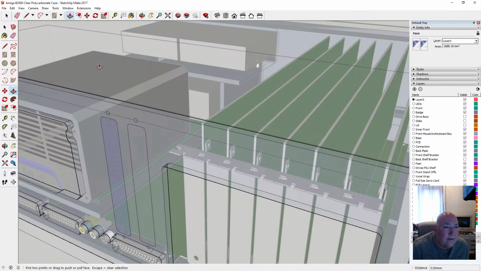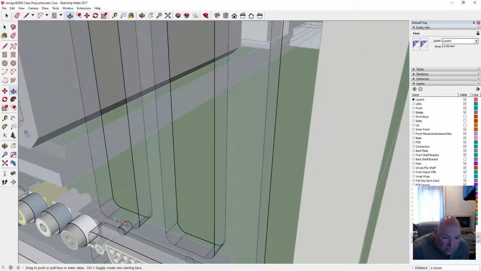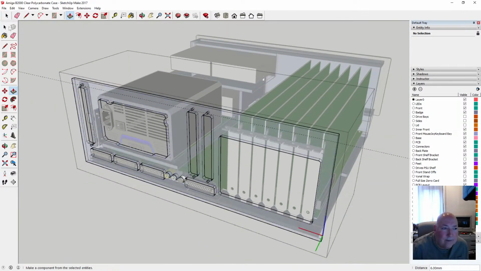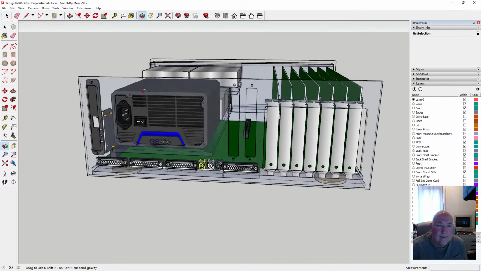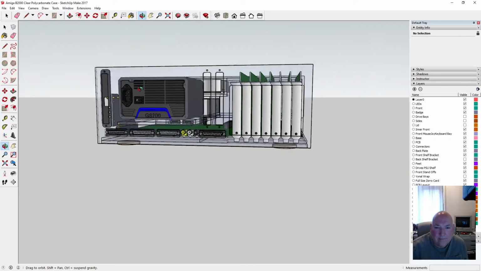Alright, so push that through. Okay, so we've got everything where we want it. In theory. In theory, we've got everything where we want it now, yeah?